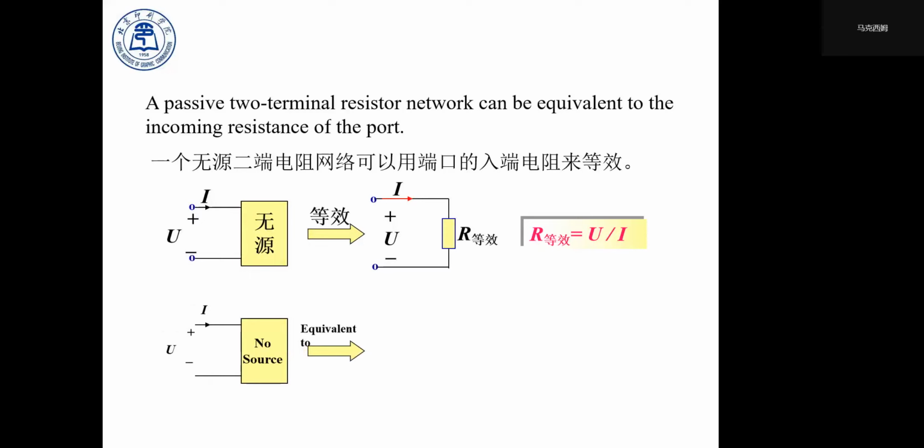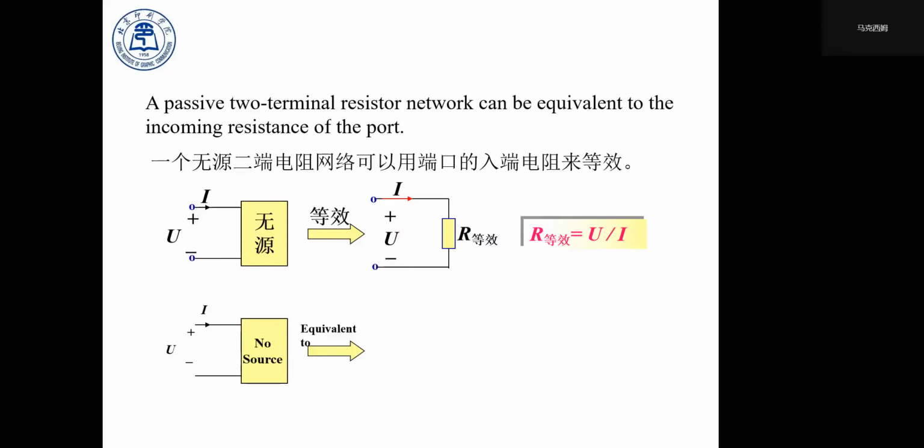A passive resistor network is a combination of branches that contains no power supplies or no sources. This kind of network is called a passive network.